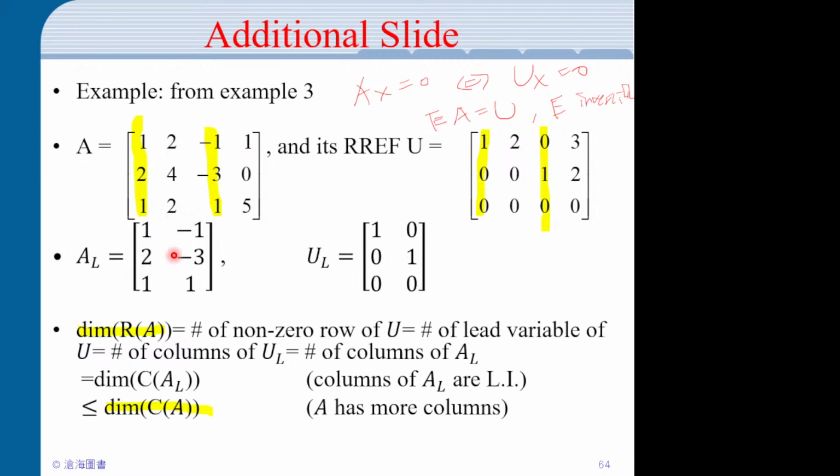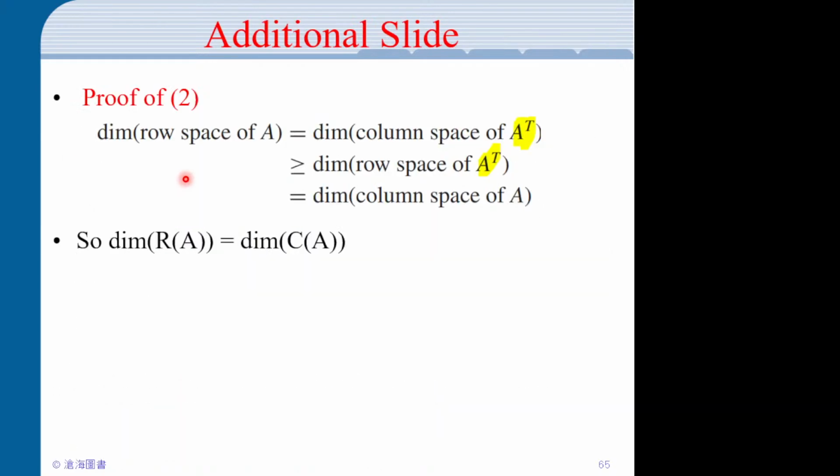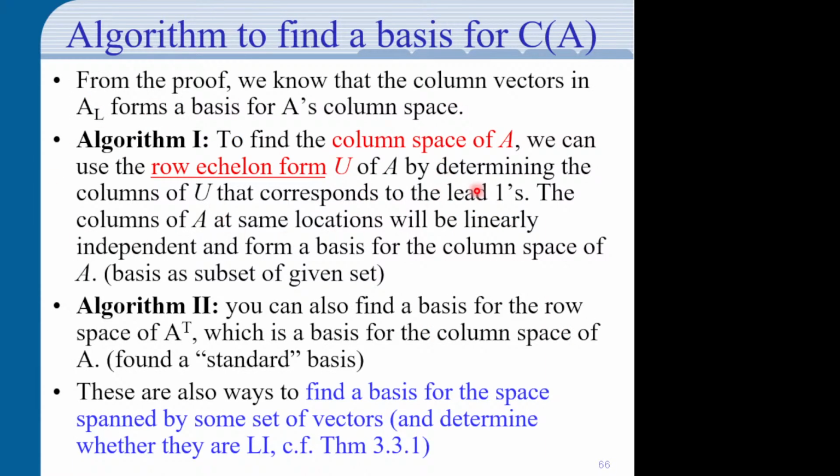So this must be a basis of the column space of A. So this whole 4-step process is actually a way to find the basis for the column space of some matrix. Okay, so the proof step is the algorithm for finding the basis for the column space of A.